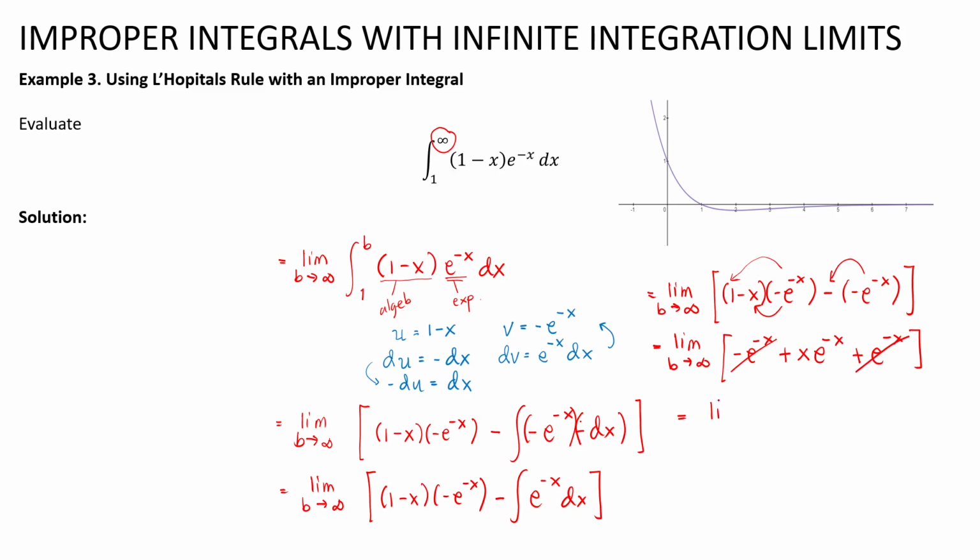So what is left in the equation is now the limit as b approaches infinity of x e raised to negative x, and then applying the limits of integration, that will be from 1 to b. So we also have to put here the limits of integration, I forgot.